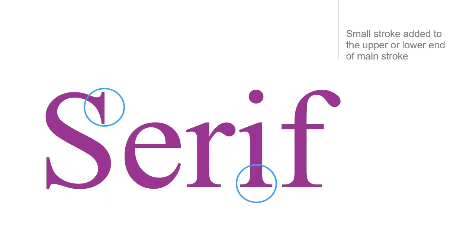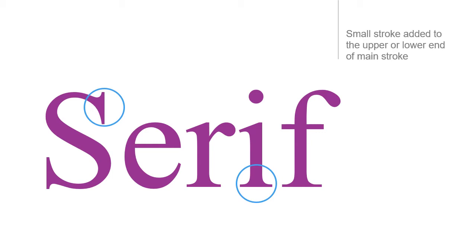So serif. The word serif is actually referring to those small strokes that are added to the upper or lower end of a main stroke of a character. So those little things that I've circled in blue, those are called serifs. Sometimes you'll hear people call them little feet or tails. Any typeface that has those small strokes or serifs is a serif font.